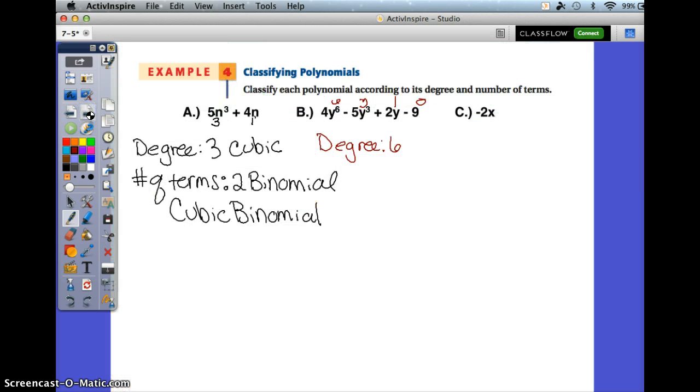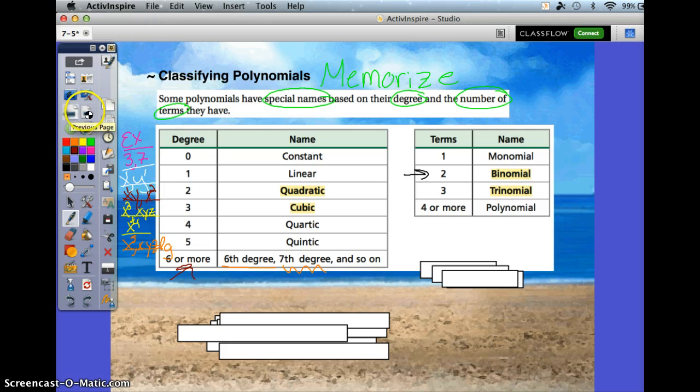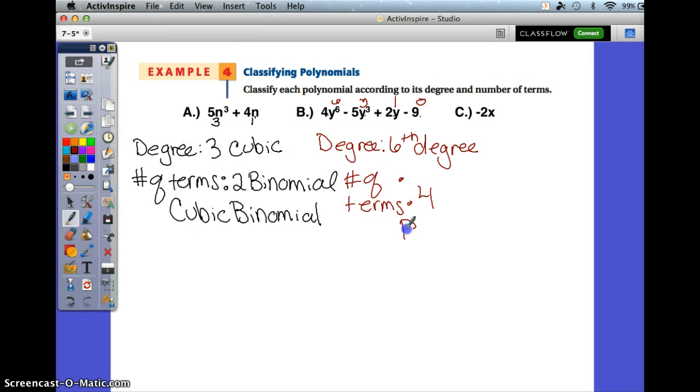So it is a 6 degree, and the number of terms, there are 1, 2, 3, 4. If there is 4 terms, you simply call it a polynomial. So this is a 6 degree polynomial.